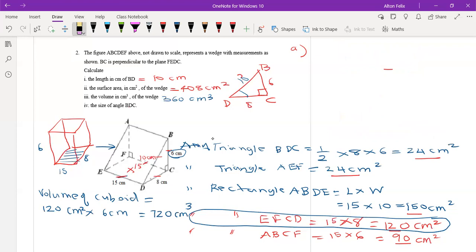Let's try the cosine rule this time. Cosine of angle BDC is equal to adjacent, which is the 8, divided by the hypotenuse, which is the 10.